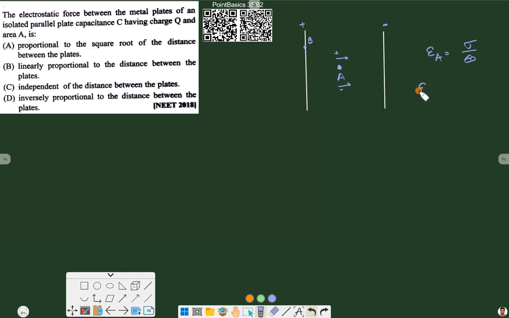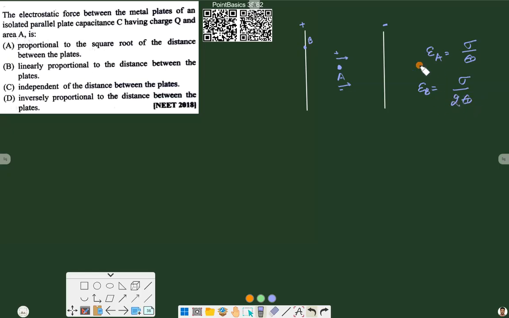But at point B, as this point lies on the positive plate, its own electric field will not be counted, and only the electric field due to the negative plate will be considered. So the electric field at point B will be sigma by 2 epsilon naught due to a single plate.